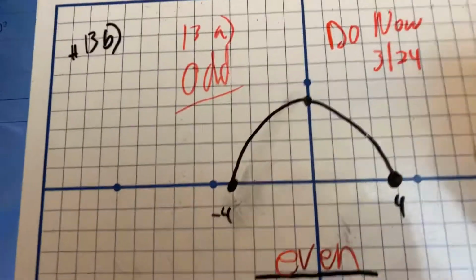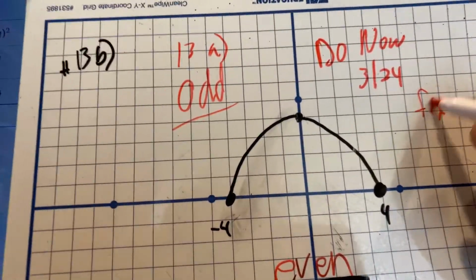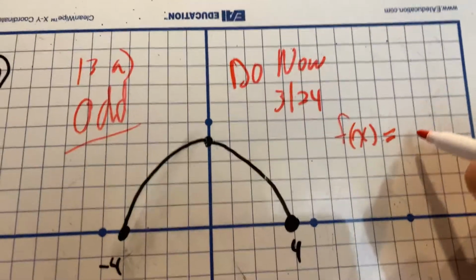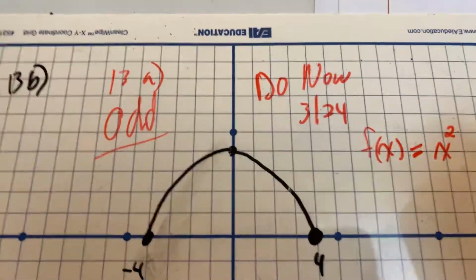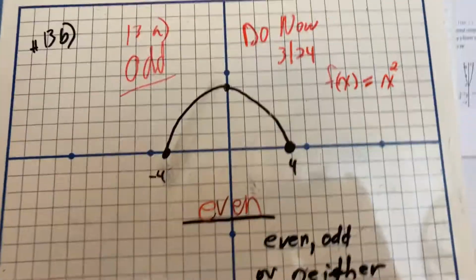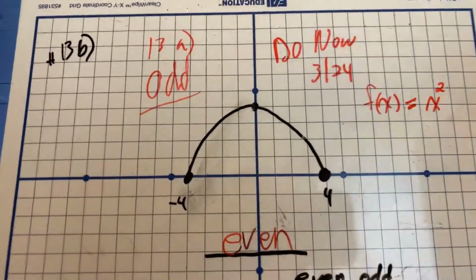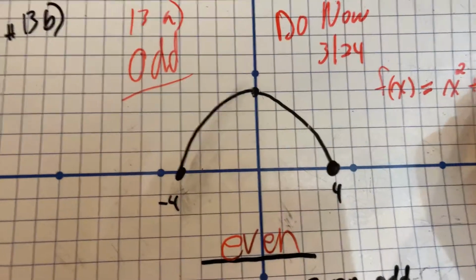So what we want to look for, and here's just a little note, if my original function is a parabola, this is just one example of even functions. If you take x squared, there's many things you can do to it, and it will still maintain being an even function. You can shift it up or down as much as you want.